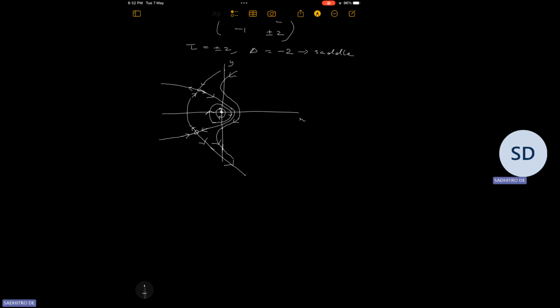So trajectories which come from here, they simply go away like that. Trajectories coming from here go away like that. These trajectories also follow this particular path. And there are trajectories which start from here, which go like this, and then away like that. So you see that this particular orbit is the most interesting one.